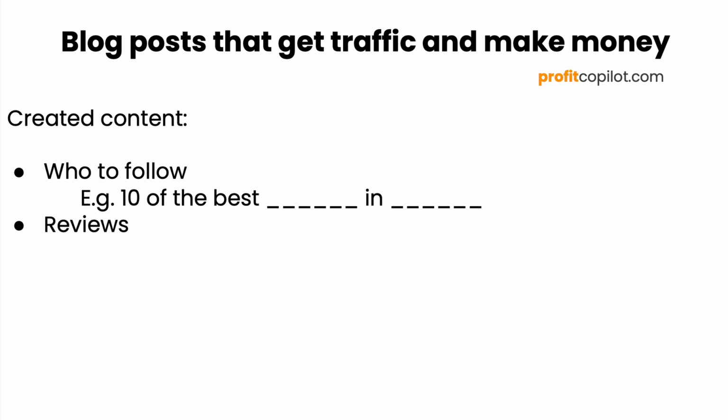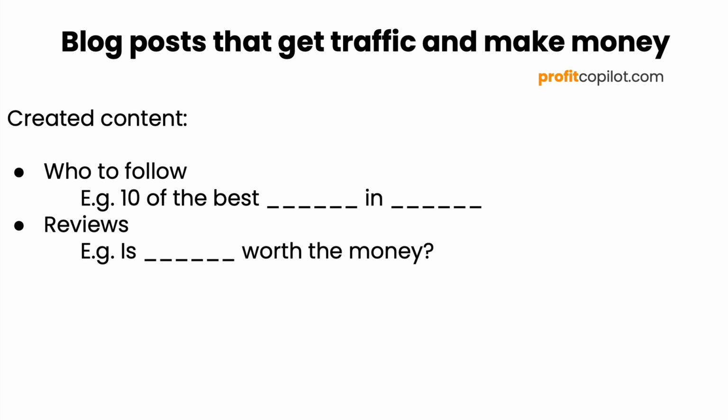We can also do reviews. Now, reviews are very popular for affiliate marketers. So you could say, is such a product worth the money? And then in that article, you have links to the product, affiliate links. Now, people are getting wise to this as an affiliate marketing trick, so it's not really as effective as it used to be.